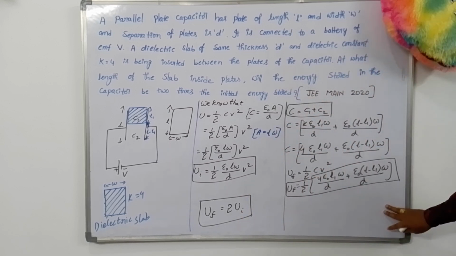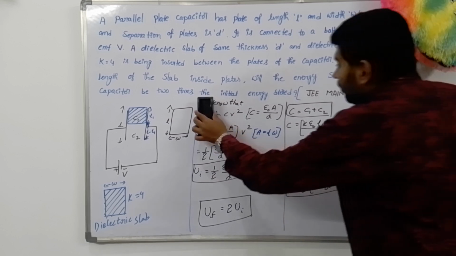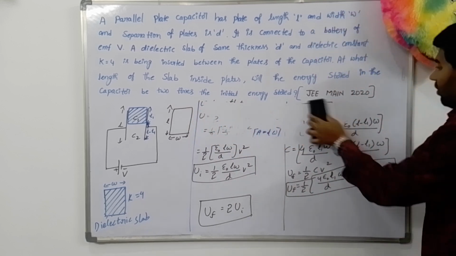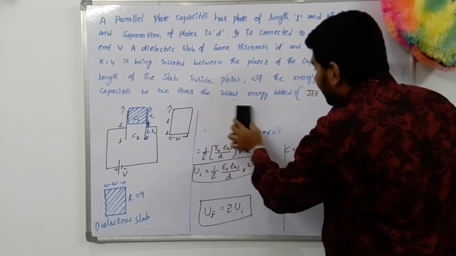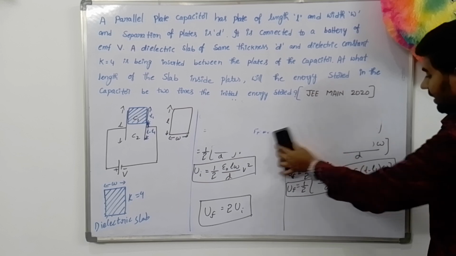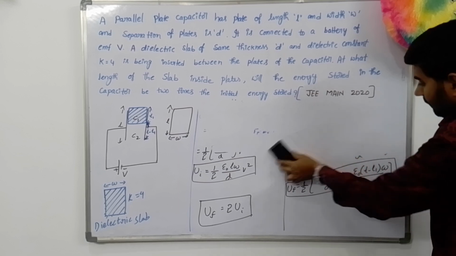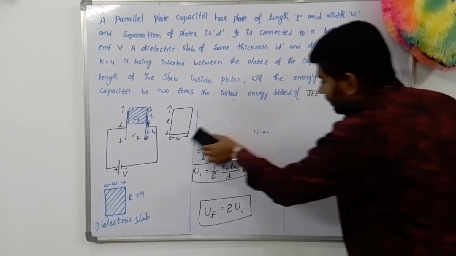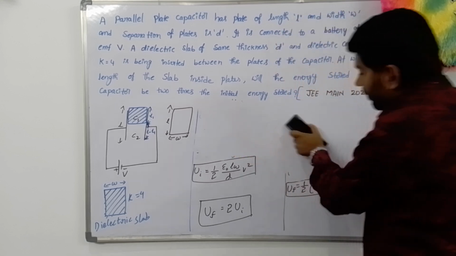This is the condition. In this condition, we have to find out the length of the dielectric slab. Till now it is clear? Now we are going to find out the length of the dielectric slab with respect to that given condition. Here I will take the data.